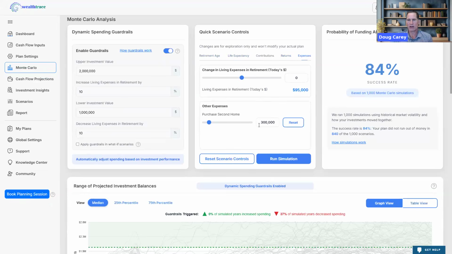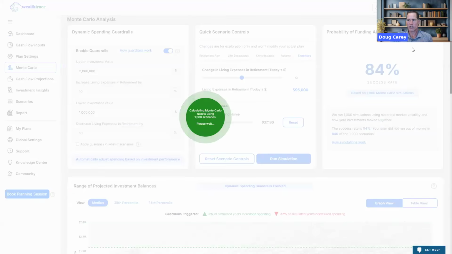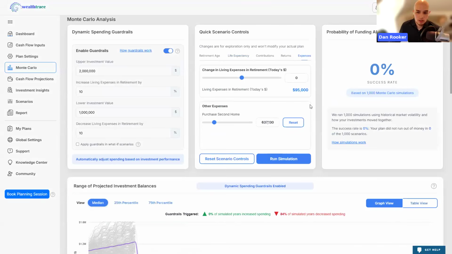What if their expenses are higher? For example, watch this. What if they end up purchasing a second home that's above $600,000? Watch the Monte Carlo result change. And what Doug's doing is showing the sensitivity of the plan. So changing these levers is playing around with your specific plan's sensitivity.